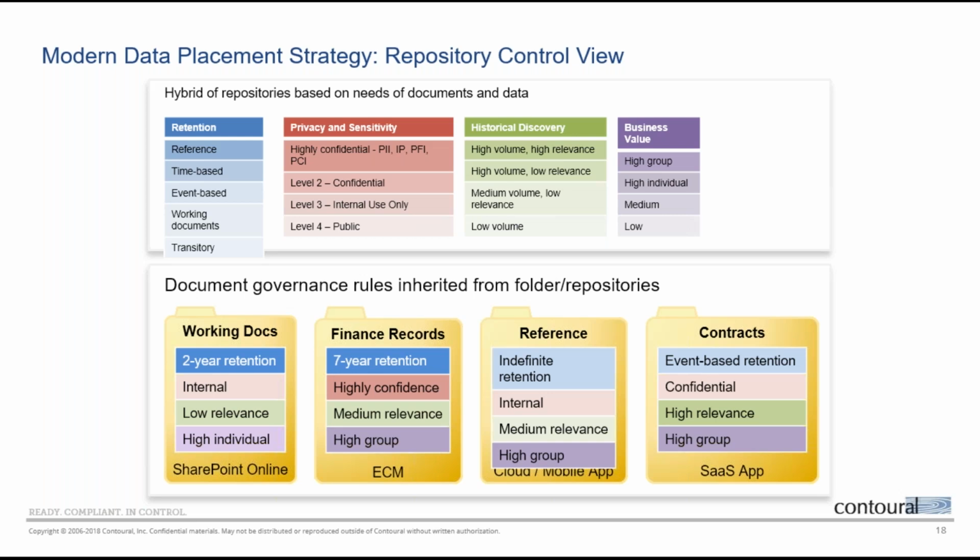Now, finance records are something completely different, right? I know we have to keep these. We need a very locked down copy because we have to be able to prove exactly where our finances were X number of years ago. I need to make it fairly confidential because financial information is not something we share with the outside world. From a discovery perspective, yeah, it actually might be something that needs to be discovered for one reason or another.